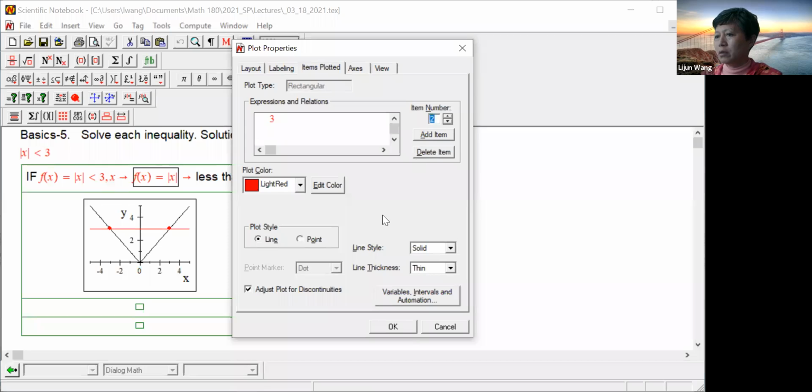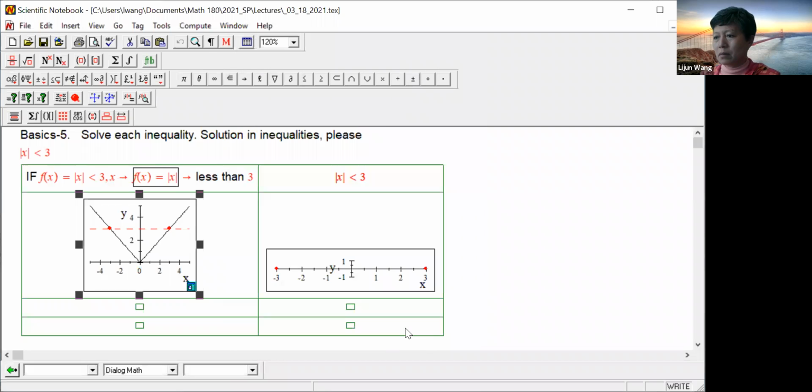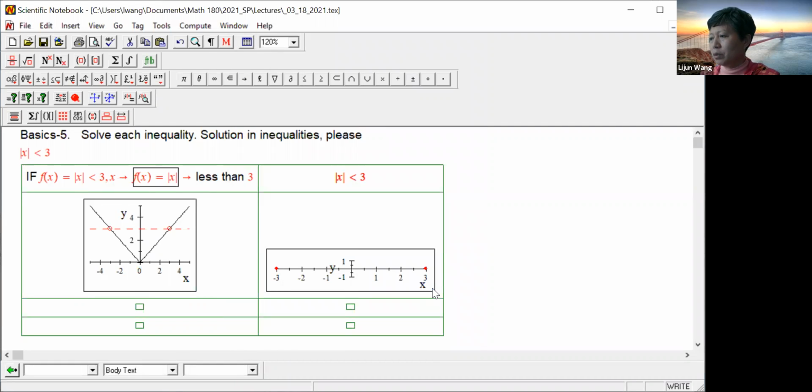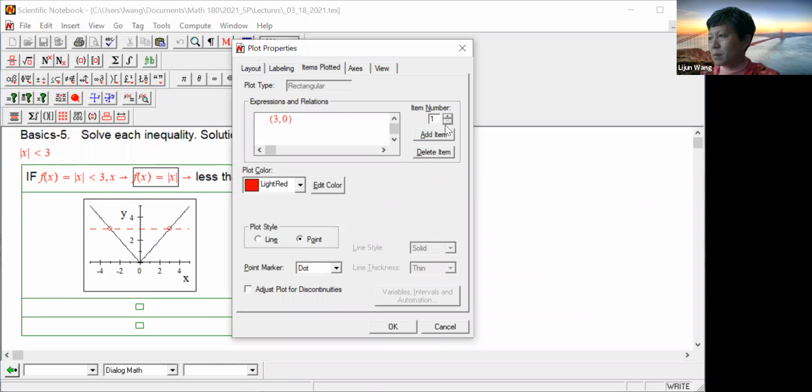Over here, it's a 3. I'm going to put a broken line. Because it's less than 3, I'm going to put a circle over here. Do you guys follow me? Circle, circle.